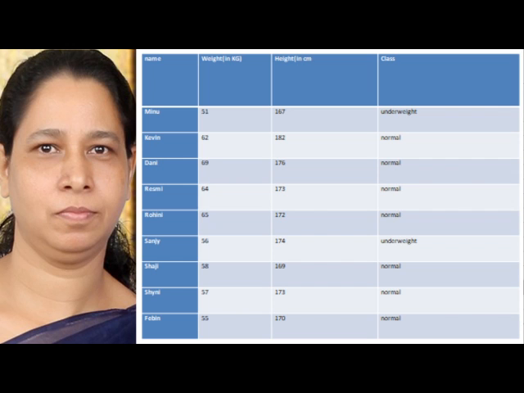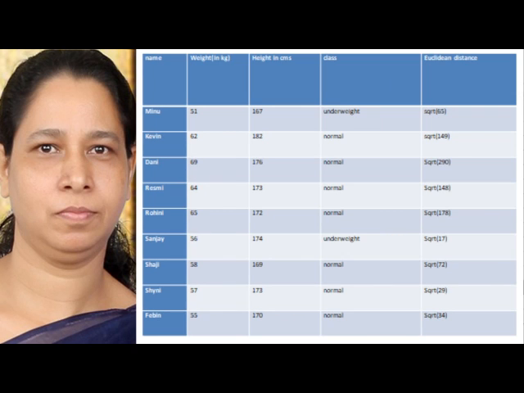Now we will see one more example. The training data contains name, weight, height and class. There are 9 records or tuples in the training data. Now we want to classify Alina with height 175 centimeter and weight 52 kg. As in the previous case, here also we are using Euclidean distance.